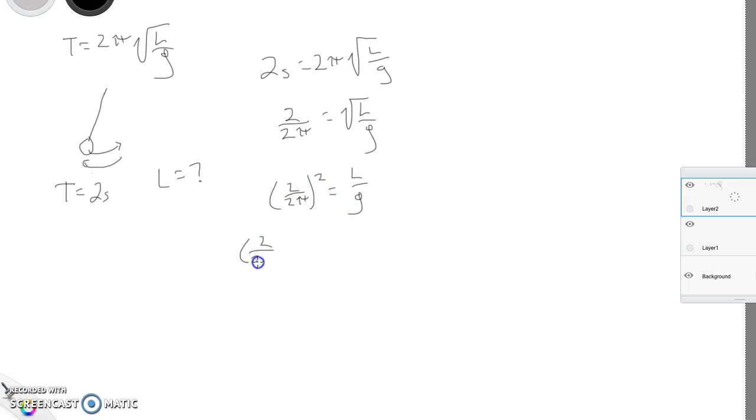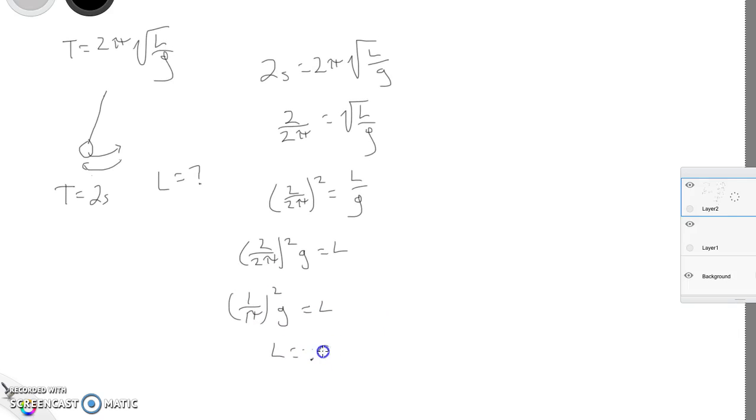So 2 over 2 pi, squared, times g equals L. And so in this case, 1 over pi squared times g equals L. And you get that L is about equal to 0.99 meters.